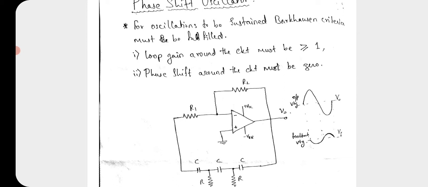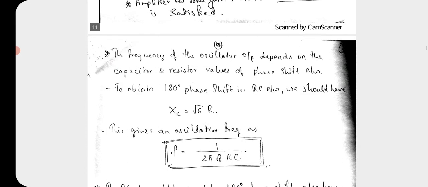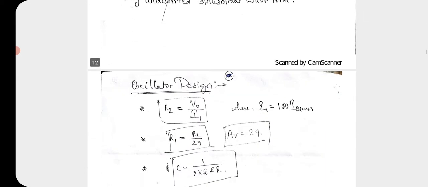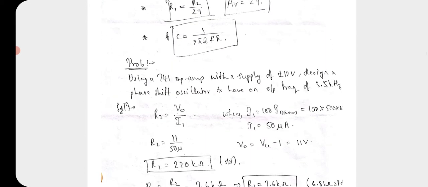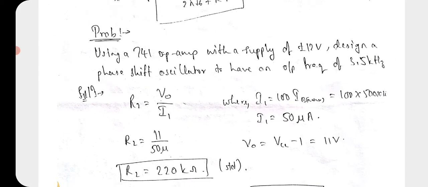what is going to be the output? Output is your V naught, right? How much will be your output? Yesterday in making this video, I remember we solved this problem, right? A 741 op amp with supply voltage of plus or minus 12 volt, design an RC phase shift oscillator to have frequency 3.5 kilohertz.